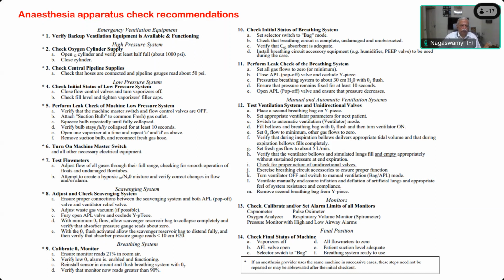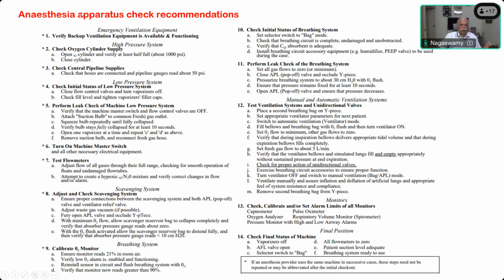So make sure that the oxygen cylinder, a spare one, is always available in any machine, whether it is an older machine or the workstation. That is a very important safety mechanism that we have to ensure, because the central manifold supply, there is always a chance that it can fail at any time. That's the situation.